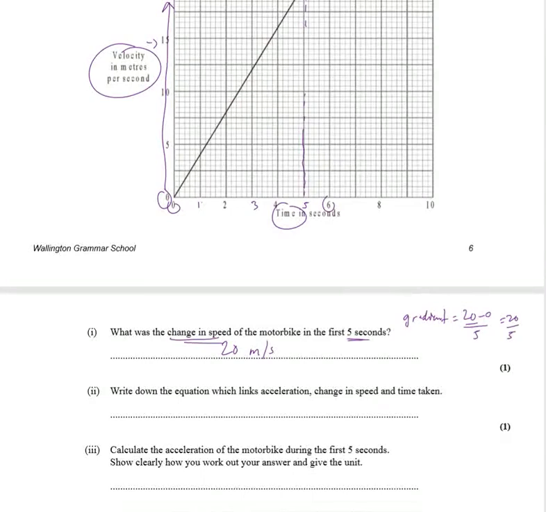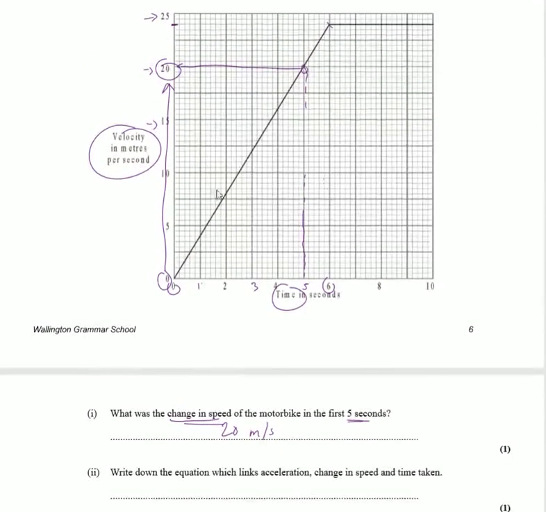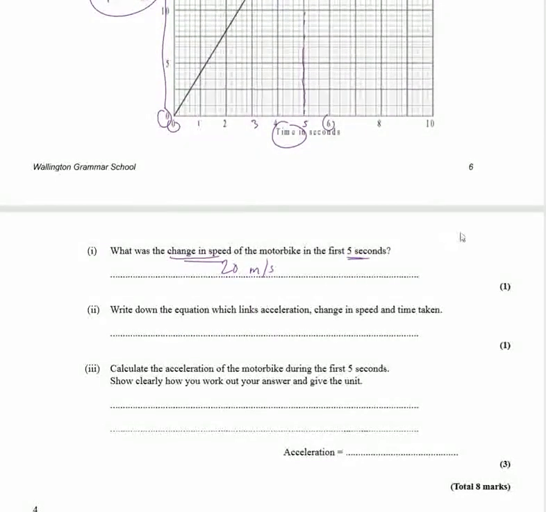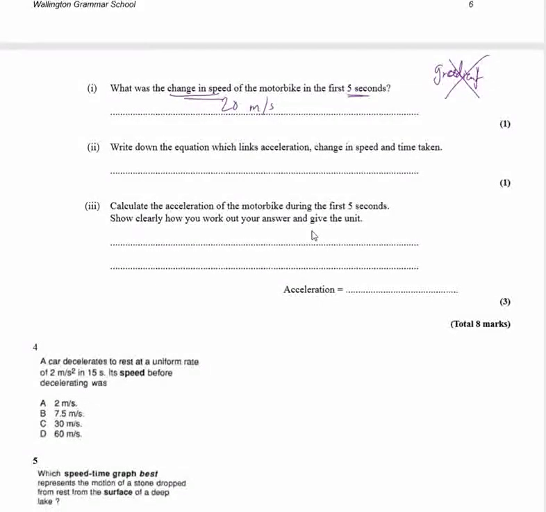We do not need to work out the gradient. We're just looking for the change in speed. So we just want to know in the first 5 seconds how fast it's going. It started at 0 and goes all the way to 20 in 5 seconds. There's no need to work out the gradient. If I've written gradient in your book, then put a cross there. That's wrong.